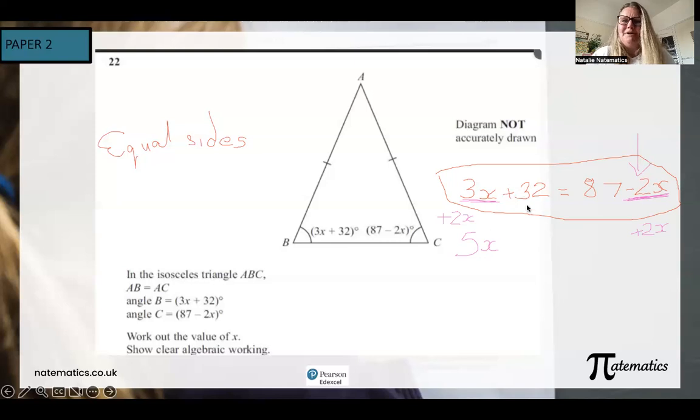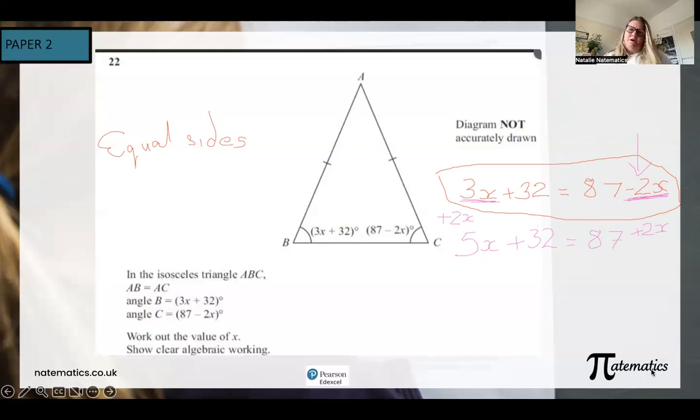But you can't then say plus 32 makes 37x. 32 is a number. So you treat that as a number, and you can only combine it with another number. And on this side, the action I've just done of adding 2x means that's gone. And it reminds me about that, but I've still got that 87 there. So I'm going to pop that in there.